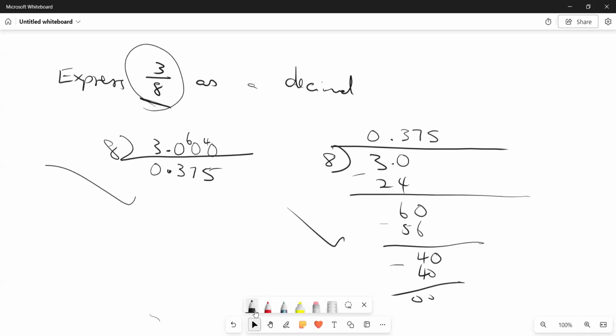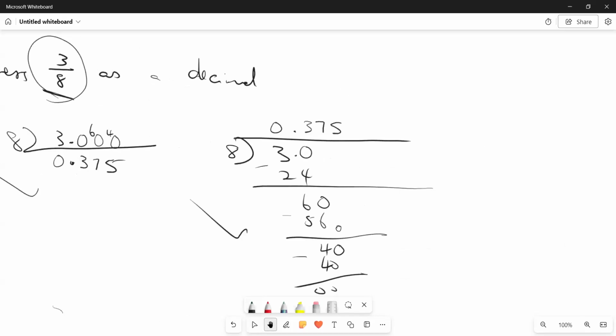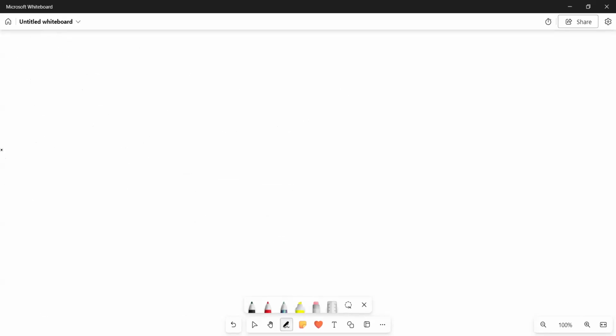Again, if you have something like this now, there are so many variations to the problem. You are asked to express 1 and, let me use a horrible one here, 4/5 as a decimal, right?